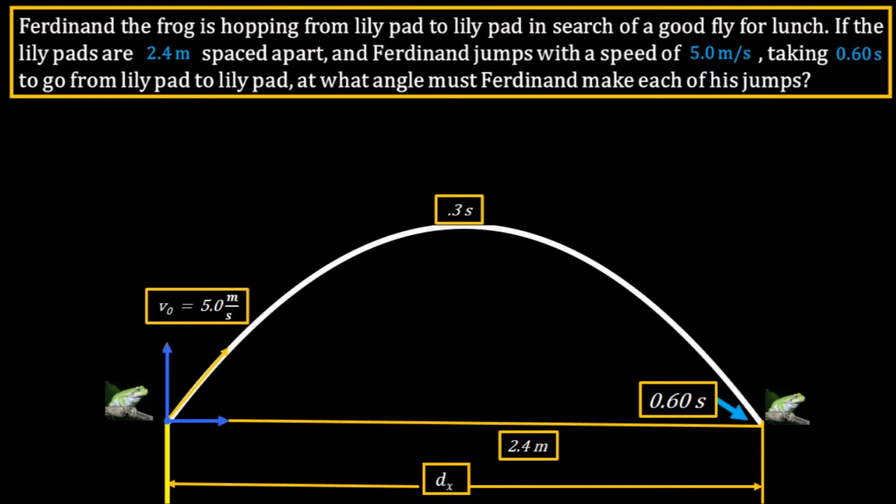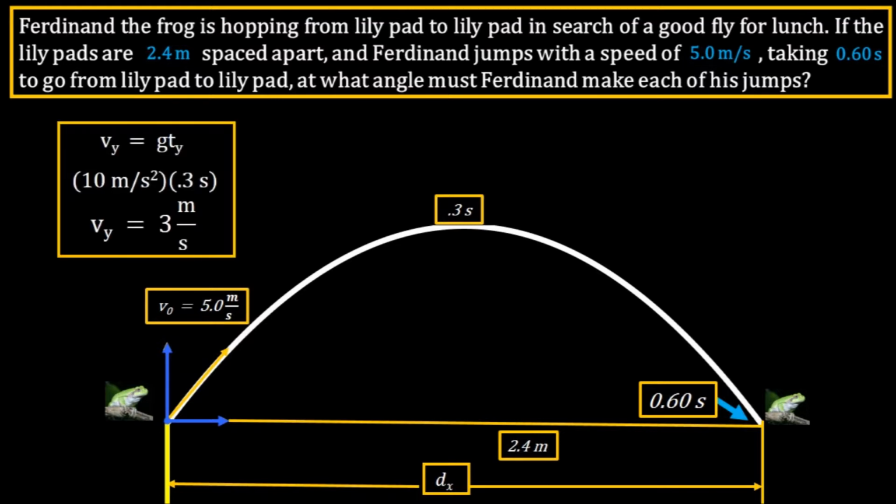If something fell from rest for 0.3 seconds, it would fall down. I could do dy, but evidently I did vy first. Vy equals g ty, working backwards. Now I have vy. Vy is 3 meters per second.